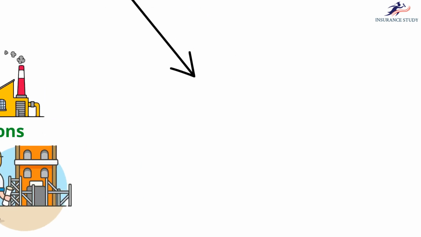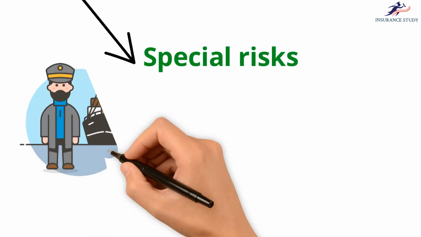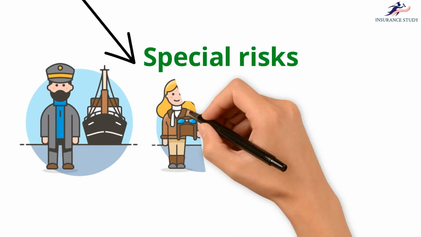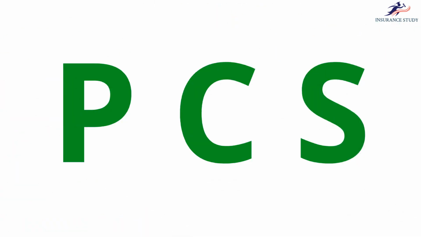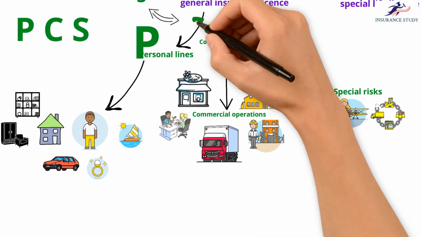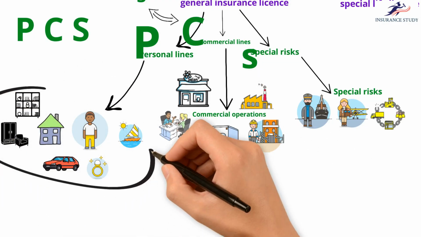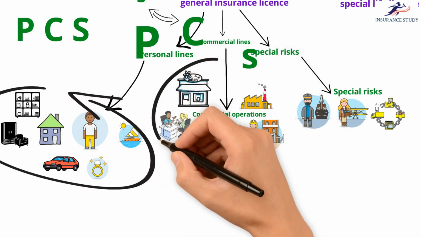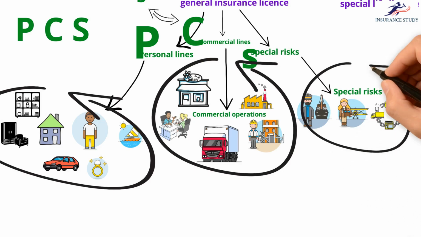Special risk relates to areas such as marine exposure, aviation and high risk industries operation. So remember PCS: personal, commercial and special. And remember, personal, individuals; commercial, businesses; special, marine, aviation, high risk industries.